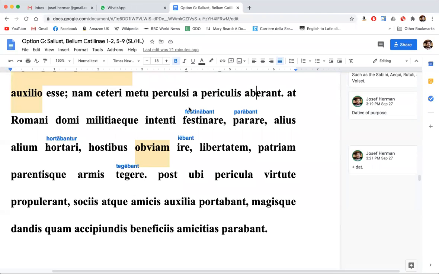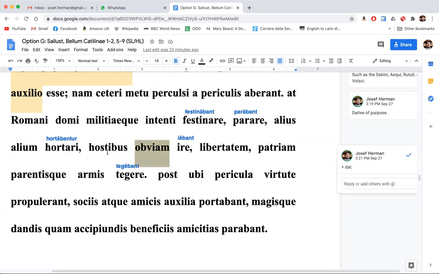So what were they doing? They were hurrying, festinare, they were preparing, they were encouraging, hortari, alius alium. You know, one man was encouraging the other man. In other words, they were encouraging each other or one another. They were going, ire, obviam hostibus. Obviam plus dative means against someone.